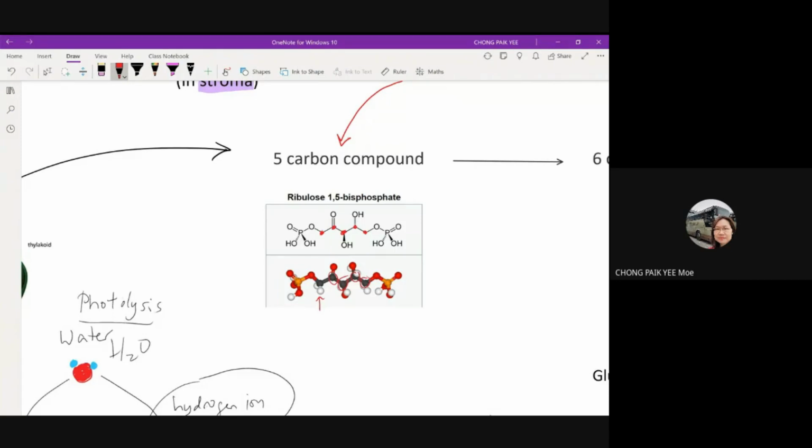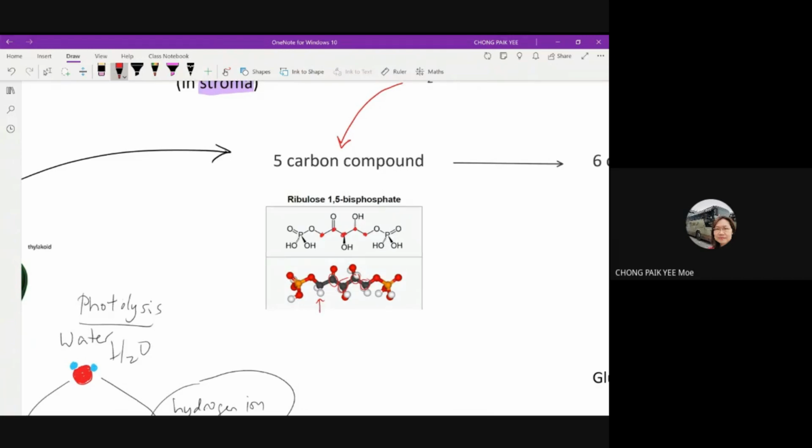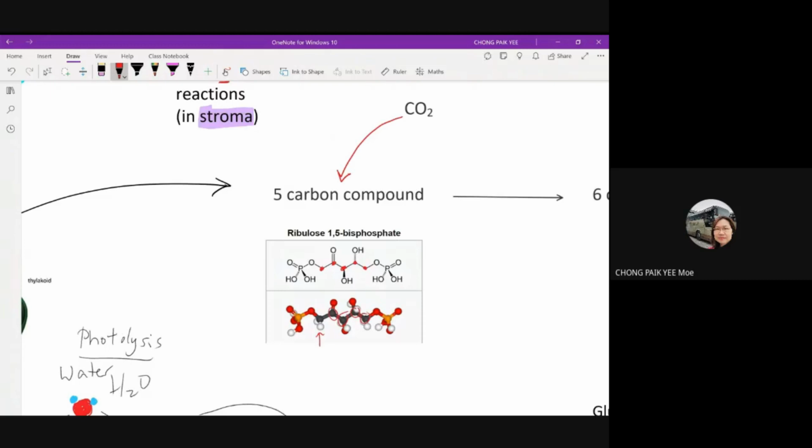Follow the textbook. The textbook says, look at page 44 of the textbook. Light-independent reactions occur in the stroma. Number 1, 5-carbon organic compounds fix carbon dioxide gas to form 6-carbon organic compounds. Now it makes sense. You have a 5-carbon compound already here. The compound already has 5 carbons. So what happens now?